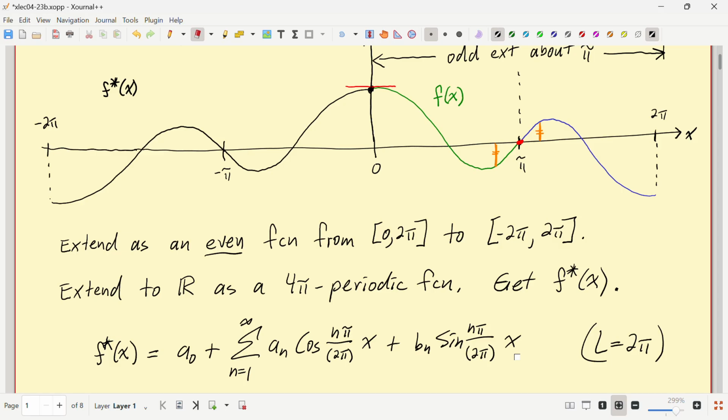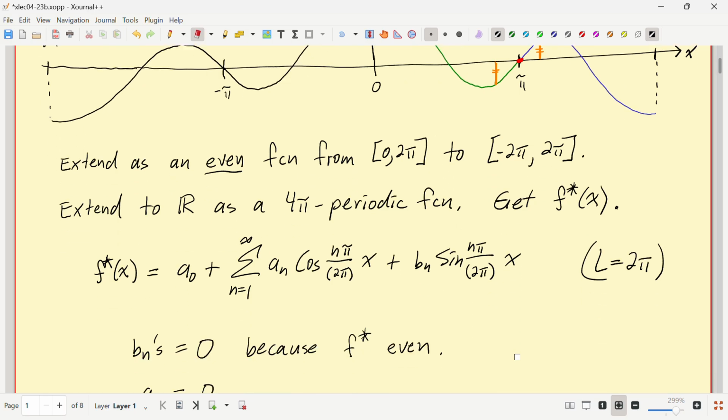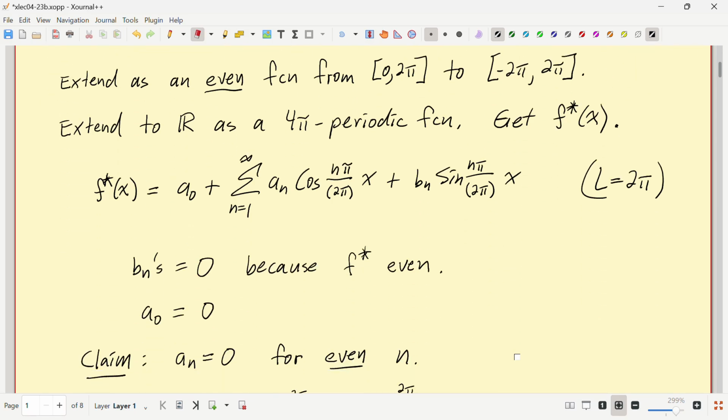So there's 4 areas, and they're plus, minus, plus, minus. So the 4 areas cancel, and the average is equal to 0. The average of f star on the whole interval minus 2 pi to plus 2 pi is 0.